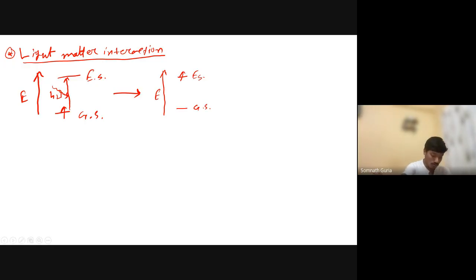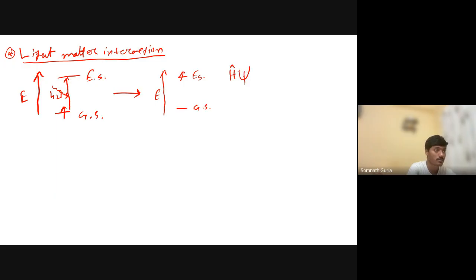Okay, so how is it happening? This is a completely quantum mechanical phenomenon, as we know from the Schrodinger equation. This is my Hamiltonian operator. This is the psi. Let's suppose it is called the ground state psi.